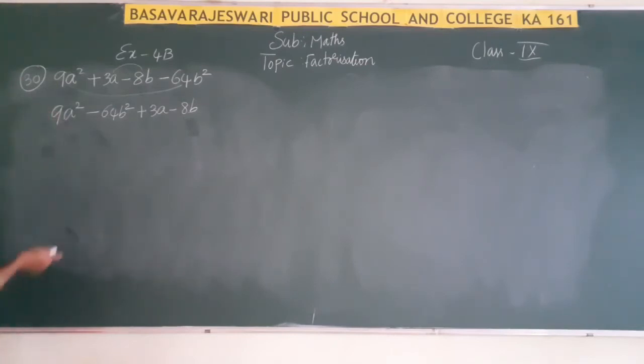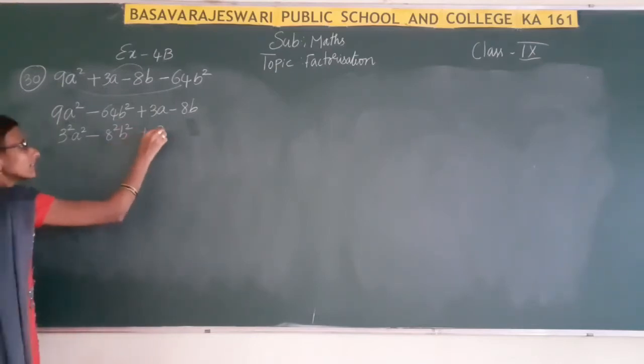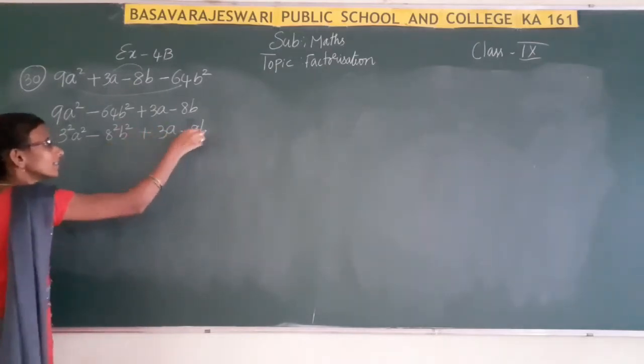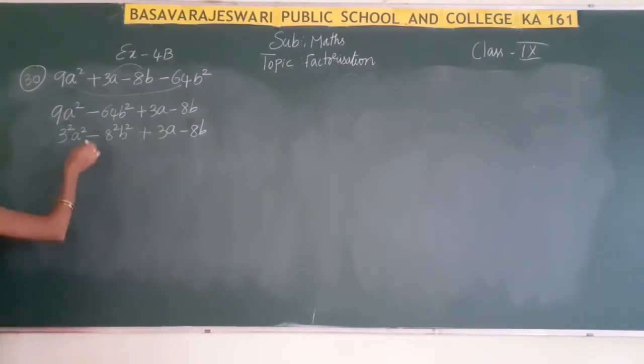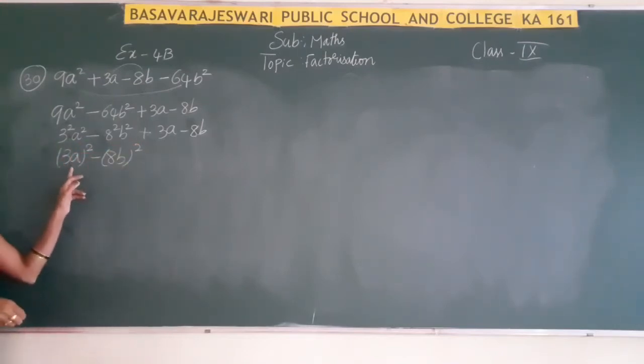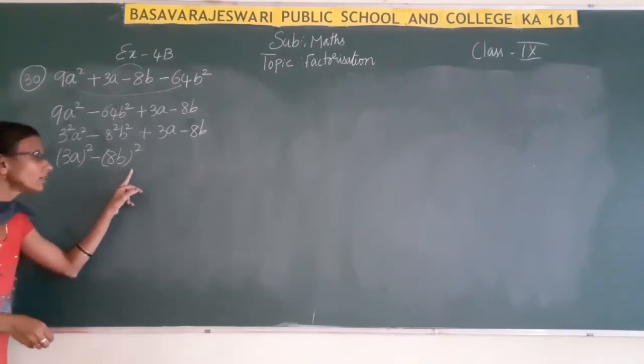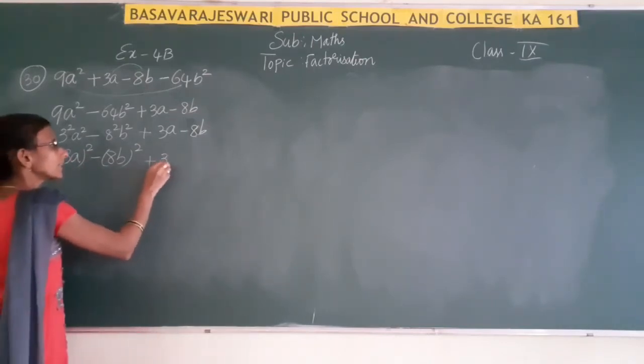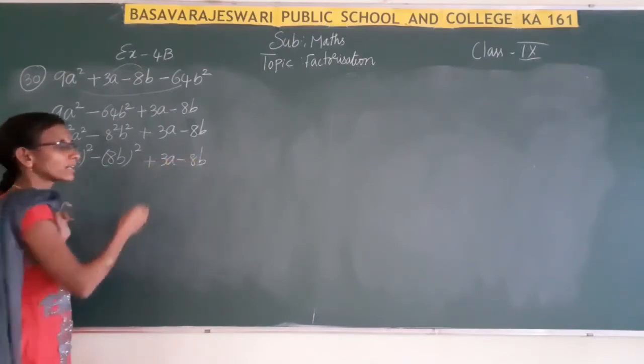We can write it as 3 square a square minus 8 square b square plus 3a minus 8b. So here, by using the law of exponents, we can write it as (3a) whole square minus (8b) whole square plus 3a minus 8b.